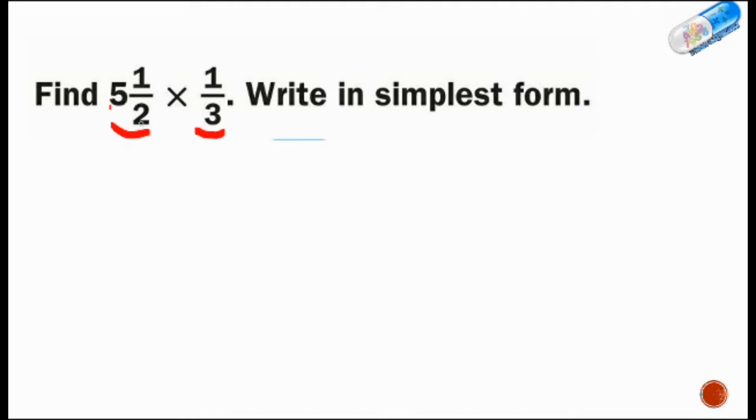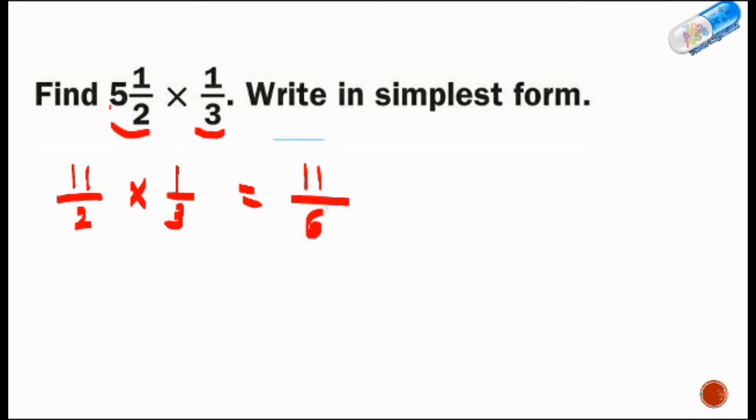Again, 5 times 2 is 10, 10 plus 1 is 11 over 2, multiplied by the fraction 1 over 3. Again, can we simplify any number from the numerator with the denominator? We do not have any common factor between 11 and 3 or 2. So we'll just multiply 11 times 1 equals 11 and 2 times 3 equals 6.